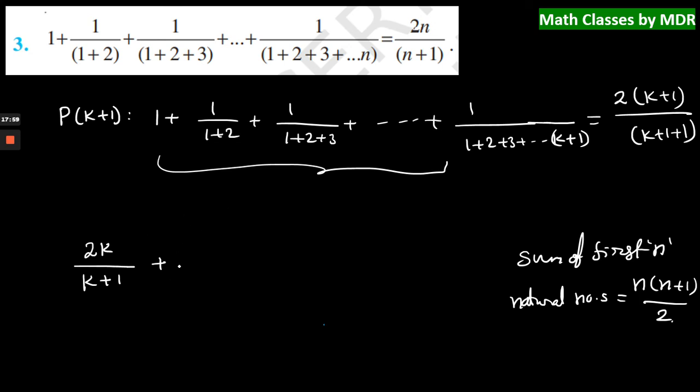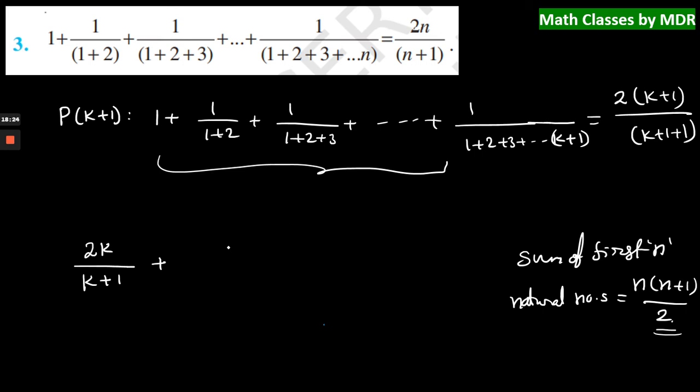Then plus 1 by, so what do you have in the denominator? Sum of the first n natural numbers kind of thing, right? We know that the sum of the first n natural numbers is n into n plus 1 by 2.